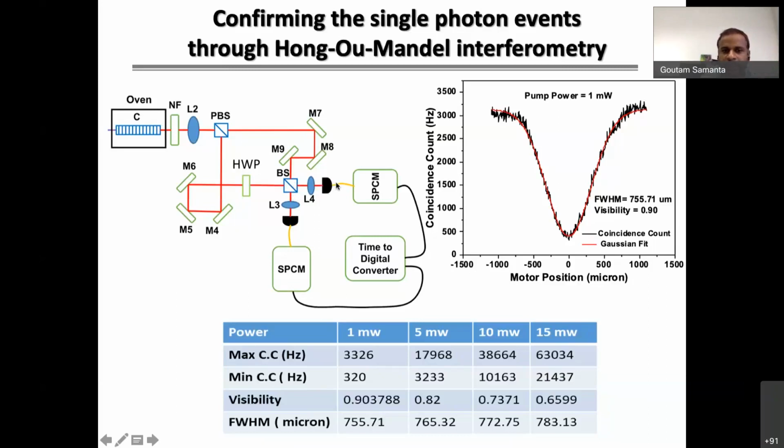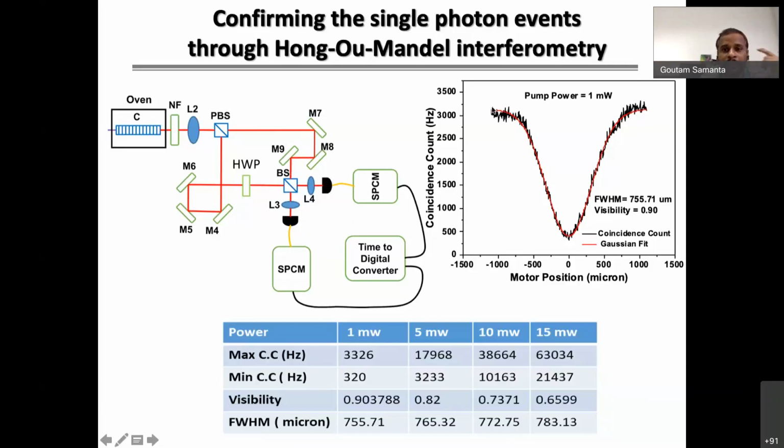So if you are detecting coincidence, this means that if this photodetector clicks, then the other has to click. We study this coincidence while delaying one of the photons with respect to the other. This photon is fixed, and the other we delay, and we measure the coincidence.